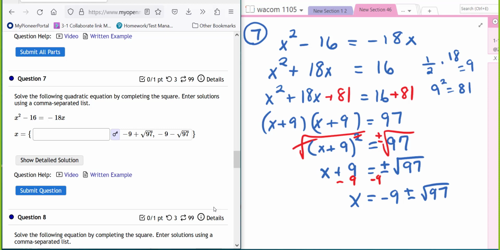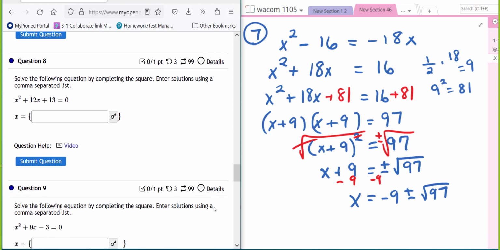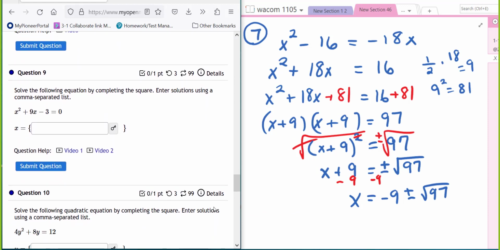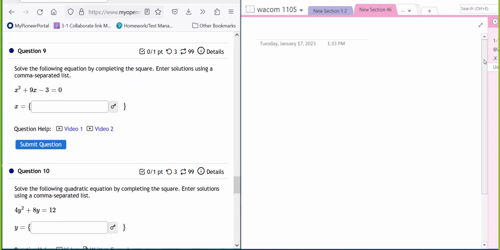All right. Let's see. So we're good there. I'm not going to type it. So I'm going to go to question 9. And this is one that is not so nice. Looks like it'll be nice. I mean, it's nice small numbers.